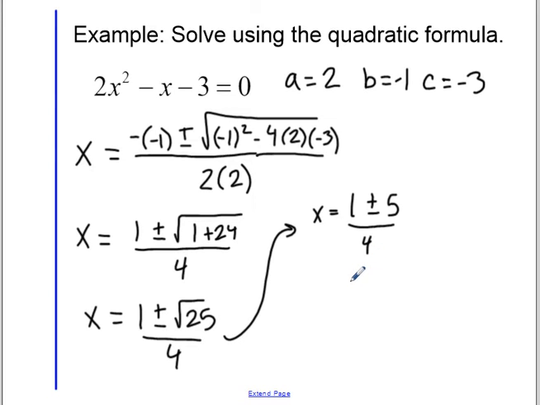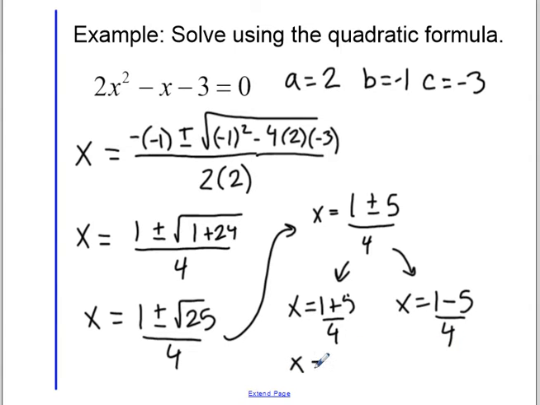And now it's time to do this as 2 problems. Our first problem is x is equal to 1 plus 5 divided by 4. And our other problem is x equals 1 minus 5 divided by 4. Our first, 1 plus 5 is 6, divided by 4 would be 6 over 4, which is the same thing as 3 halves.